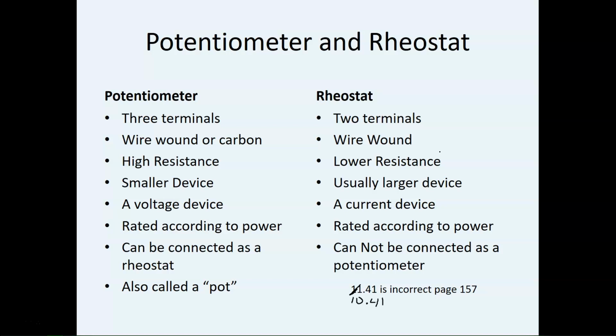Because with a rheostat, what you would see isn't so much that it has a third leg, as that third leg and one of the others is tied completely together. Just like when you turn a potentiometer to a rheostat.